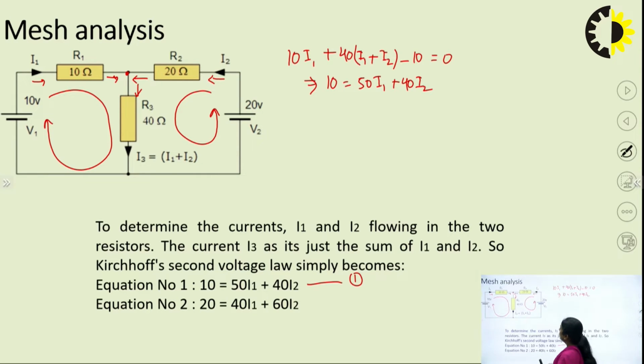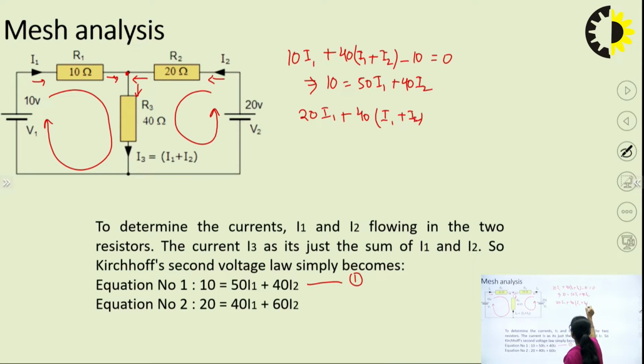So what will be the equation here? There is 20 I2, because what is the voltage drop in this element? That is 20 into the current I2, so 20 into I2. Similarly, as we wrote earlier, the voltage drop in R3 is R3 into I1 plus I2. So R3 is 40 into I1 plus I2.